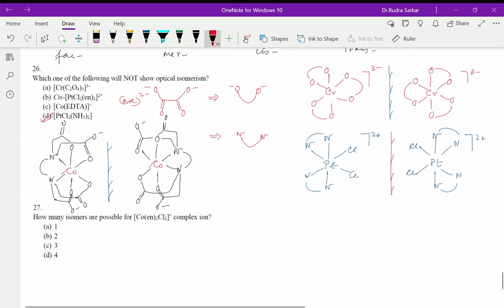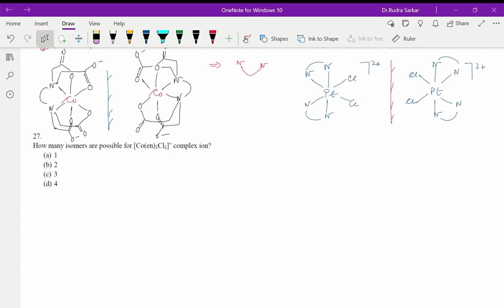Next question is 27, in which how many isomers are possible for [Co(en)2Cl2]? Obviously, the answer here is going to be C. Let's have a look. For en, I have already told you that we will be using this type of notation for convenience. So this is your trans.